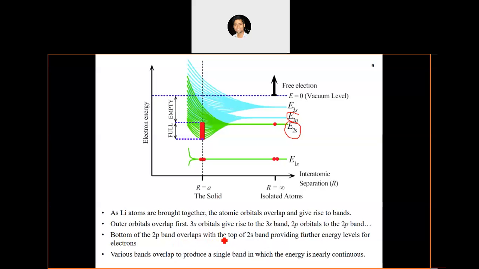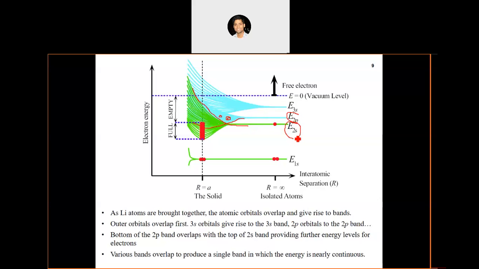Now we can see that the bottom of the 2p band, which is these light blue lines here, is overlapping with the top of the 2s band, right?